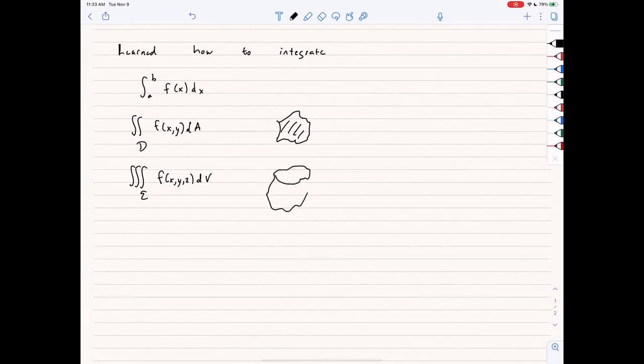So we've got some blob. Here's some blob. This is our D, this is our E. Now, what I want to say is we have 4 dimensions we're used to really working with, at least in this class.